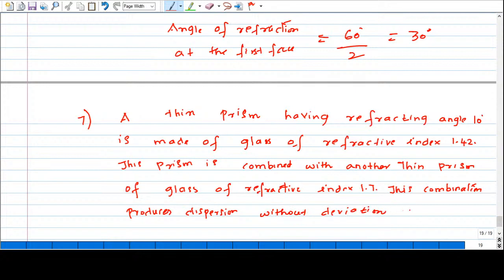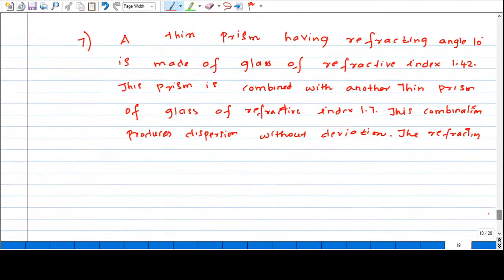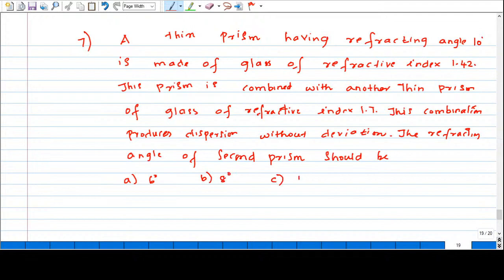The refracting angle of the second prism should be: option A, it is 6 degree, option B, it is 8 degree, option C, it is 10 degree, option D is 4 degree.